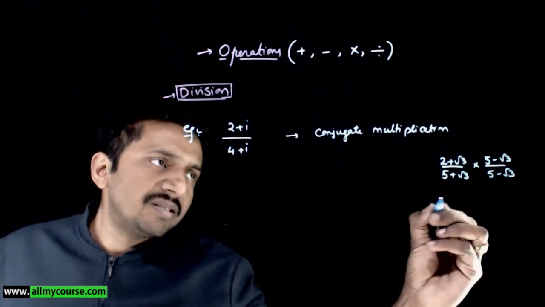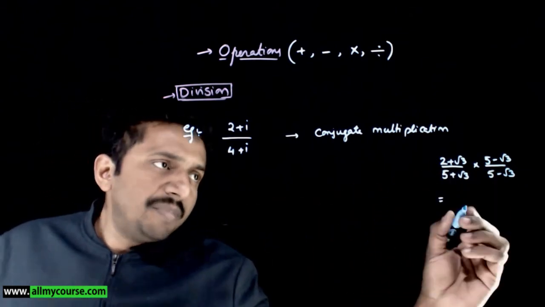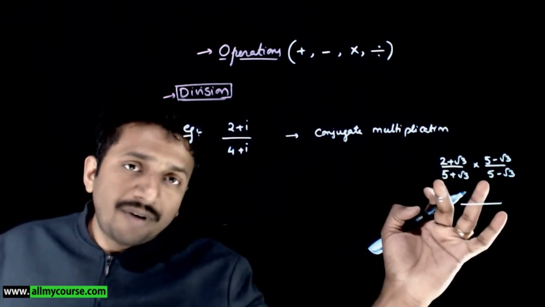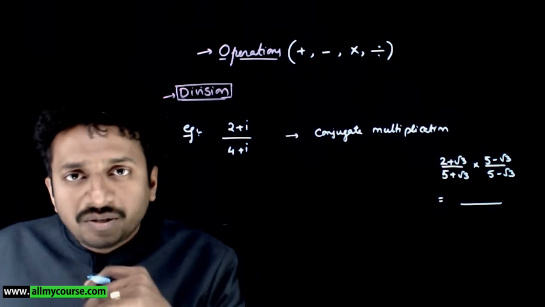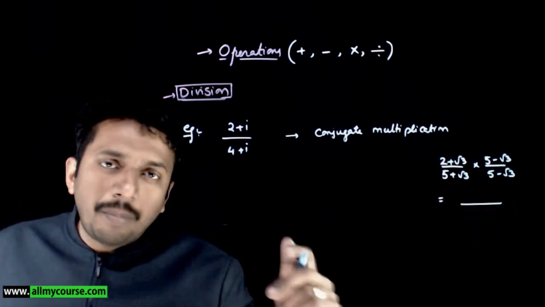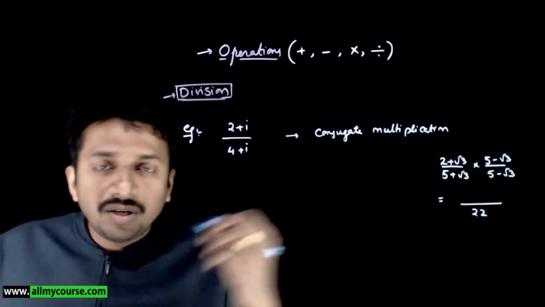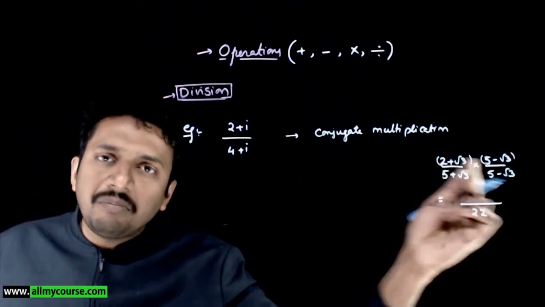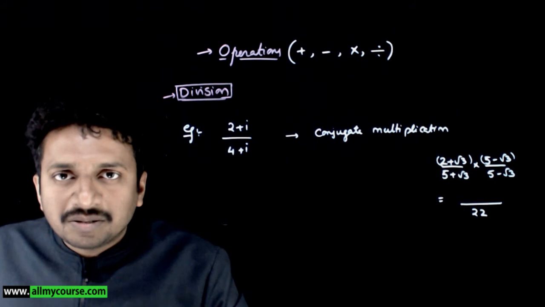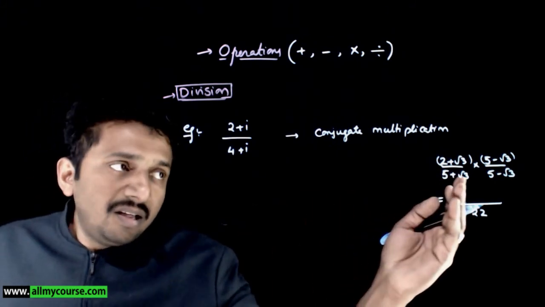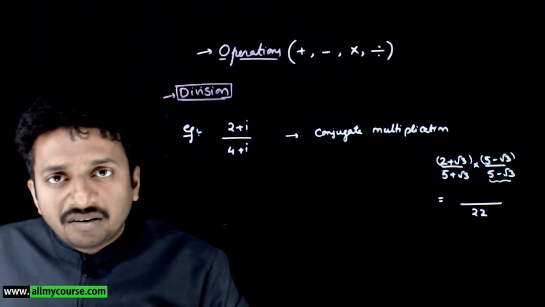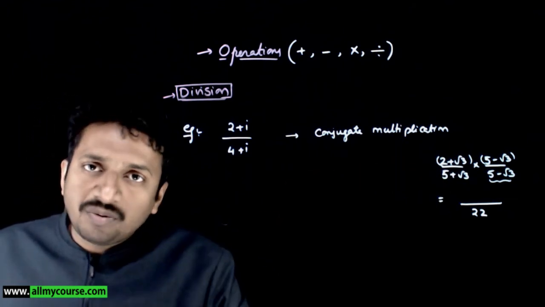Once you do this, the denominator becomes a rational number: (5 plus root 3) into (5 minus root 3) is 5 square minus root 3 whole square, 25 minus 3, which is 22 in the denominator. And the numerators can be multiplied using the process of multiplication. Here, 5 minus root 3 is called the rationalizing factor for 5 plus root 3.